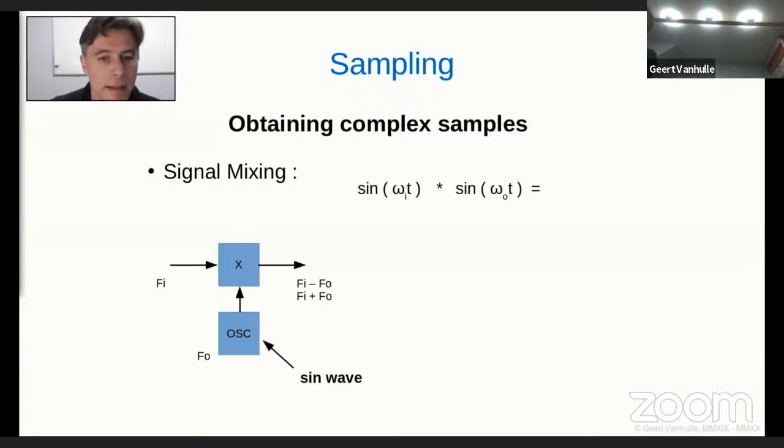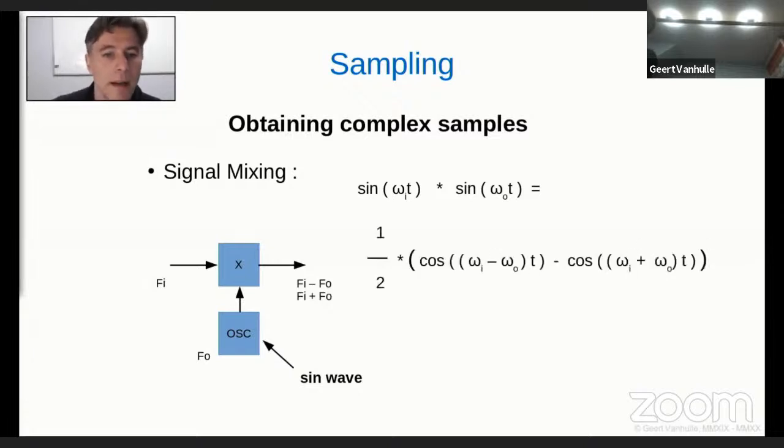And mathematically, multiplication of two sine waves can be written as follows. It's half of the amplitude multiplied by the cosine of the difference between the rotating angles, minus the cosine of the sum of the two rotating angles.